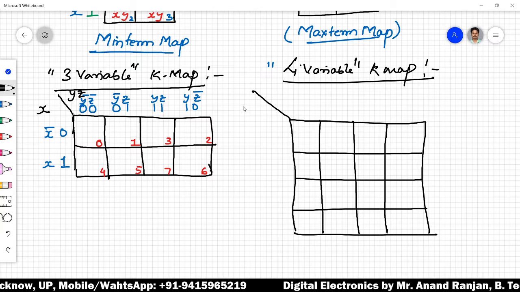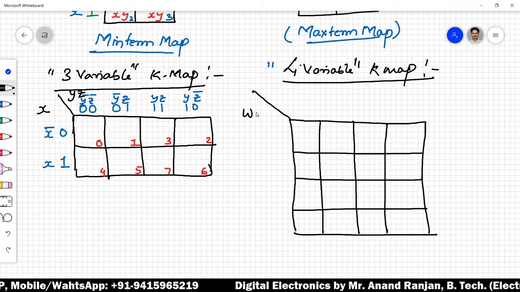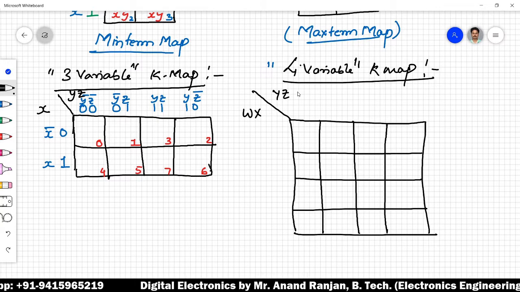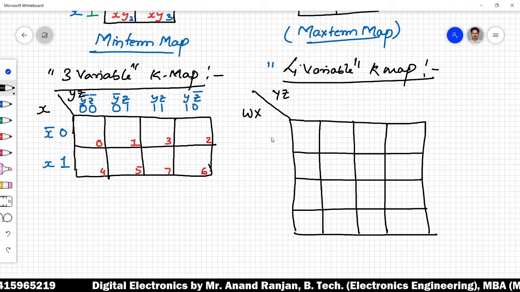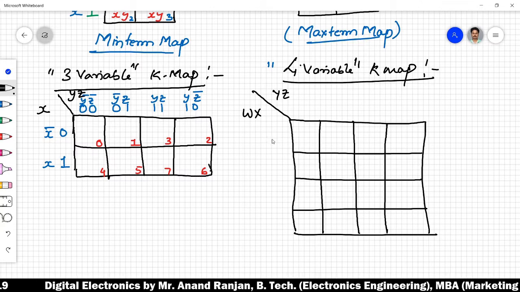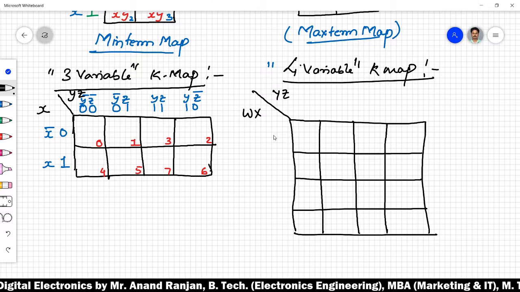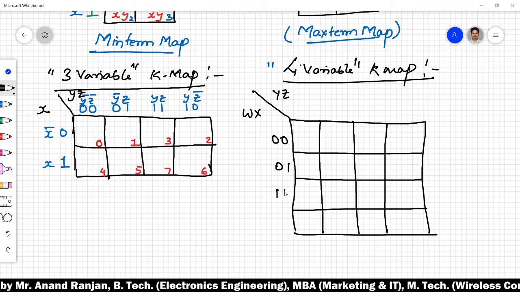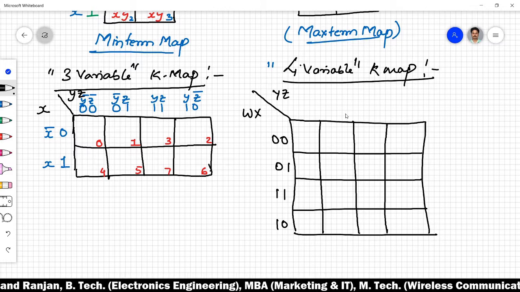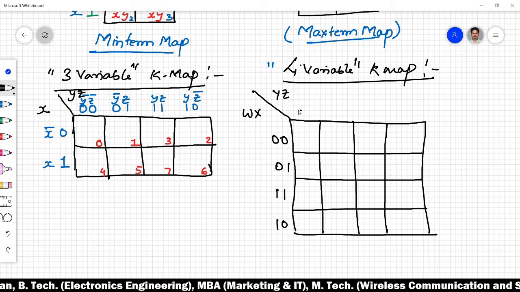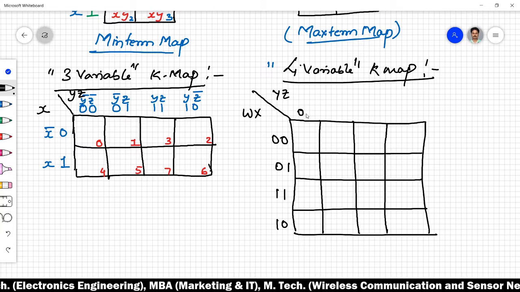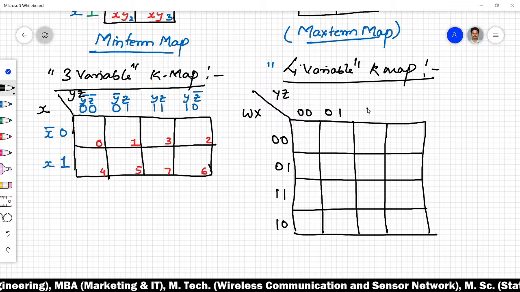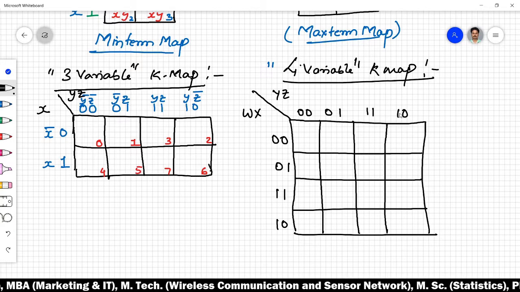So I am taking two variables here, which are w x, and the remaining two variables y and z I am writing at this side. Of course, with these two variables, four combinations I will write in this manner: 0 0, 0 1, 1 1 and 1 0. Here again the y z combinations will have four combinations: 0 0, 0 1, 1 1 and 1 0.